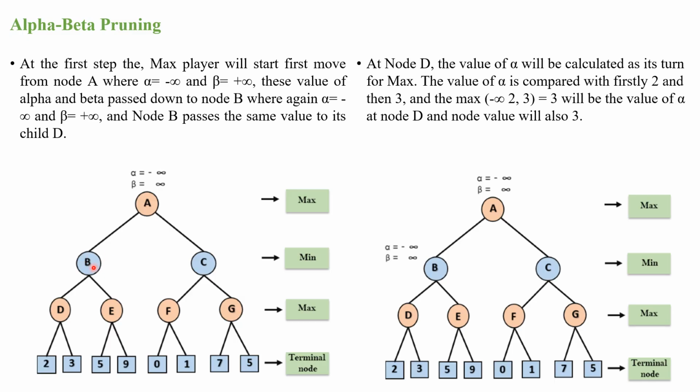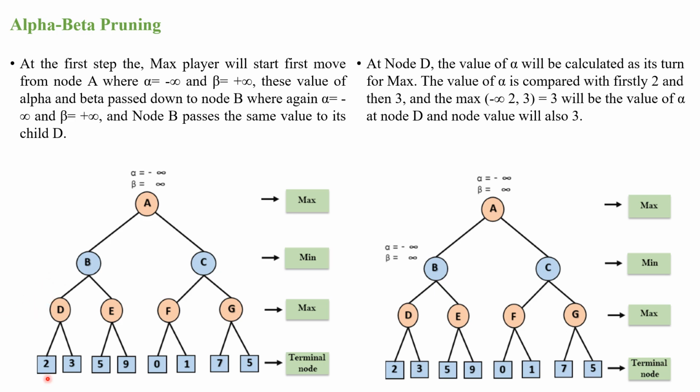What is B? B is a minimum node, so beta should be updated. The same values are transferred to node D. Node D is a maximum node, so alpha should be updated. How do you update alpha? Alpha is the maximum. Alpha equals minus infinity, so find the maximum value.